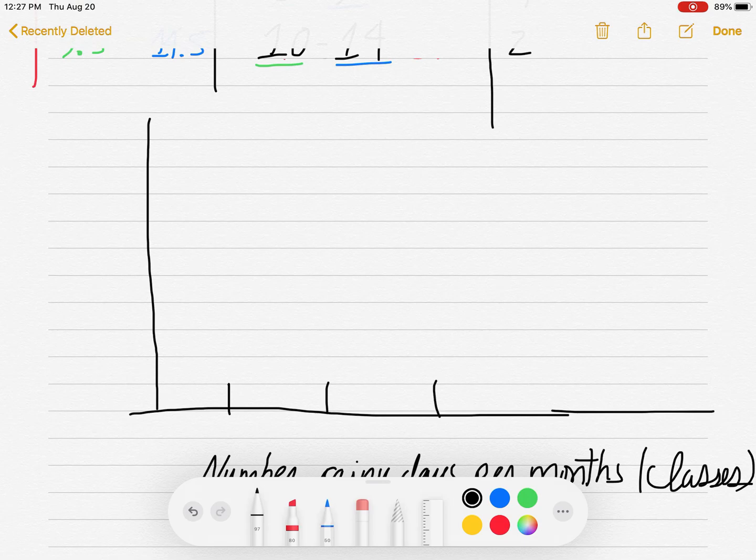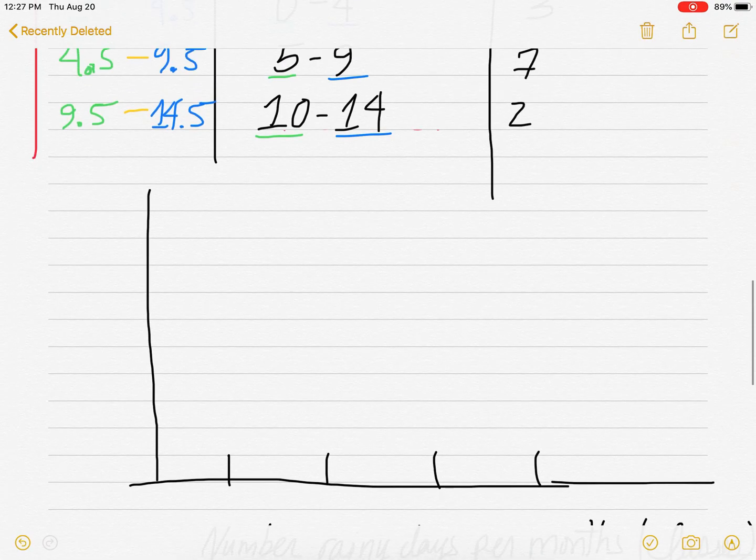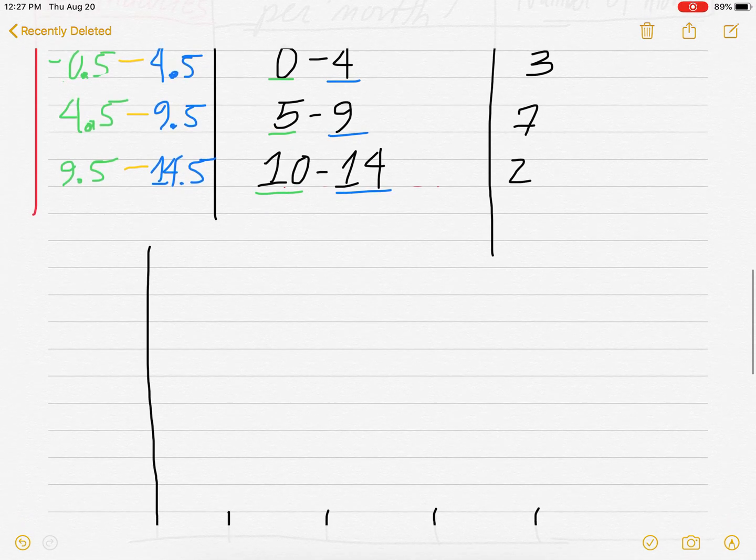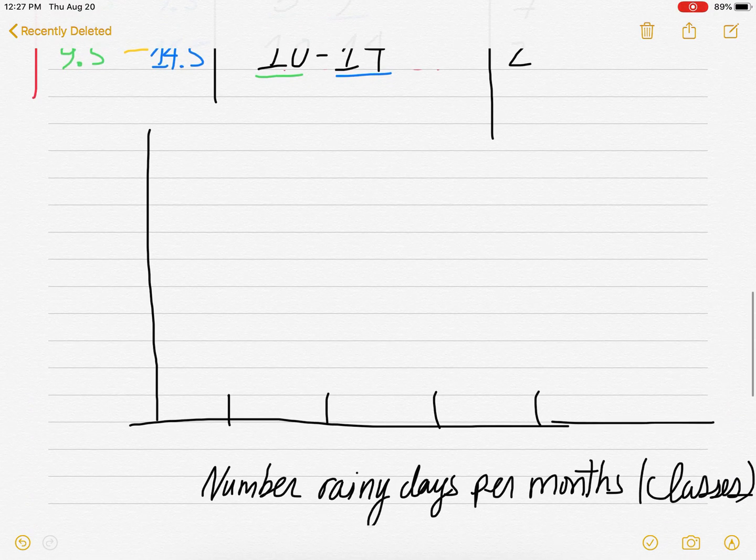1, 2, 3. But rather than writing our class limits within each interval, we're going to write the boundaries where the markings are. So I'm going to put minus 0.5.